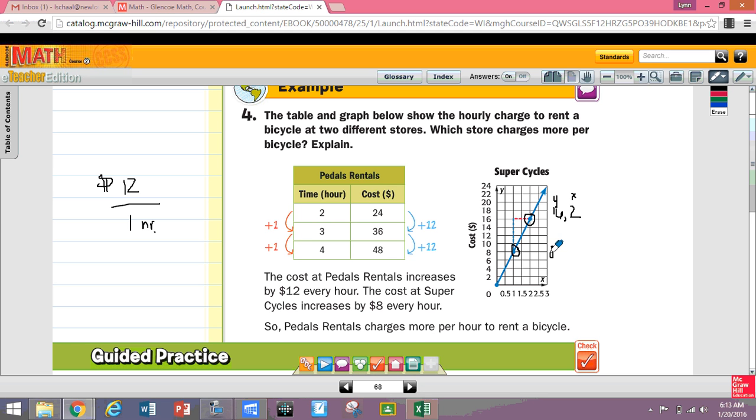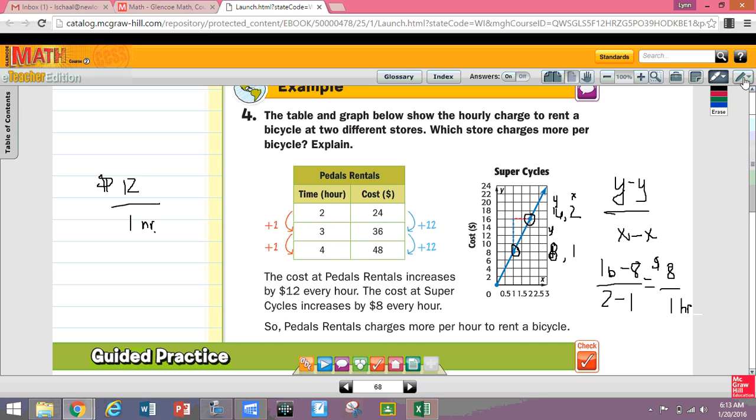This is your x. So we'll do it in that same format. 8 is my y, and x is 1. So y minus y over x minus x is going to be 16 minus 8 over 2 minus 1, which is 8 over 1. And 8 is my dollars, and 1 is my hour.